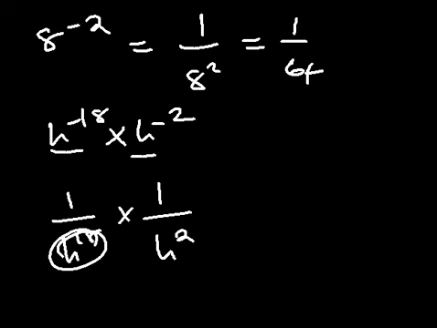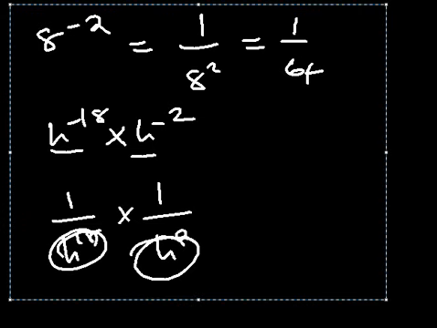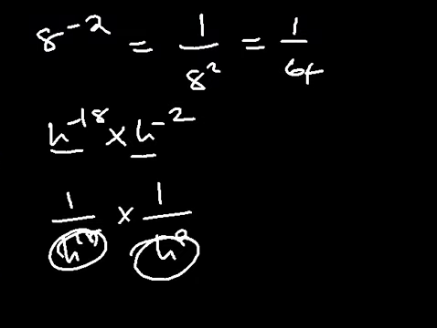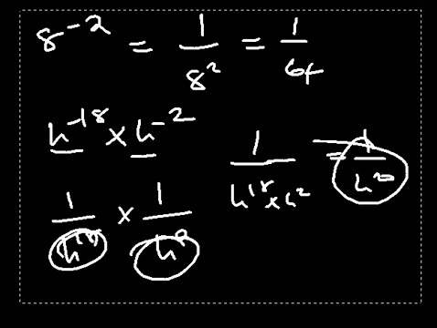And you think of multiplying those using the principle behind the multiplication of fractions. In that case, you have 1 times 1, we have 1 over h to the power 18 times h to the power 2. That will be given as 1 over h to the power 20. So you have that as that. So keep that in mind.